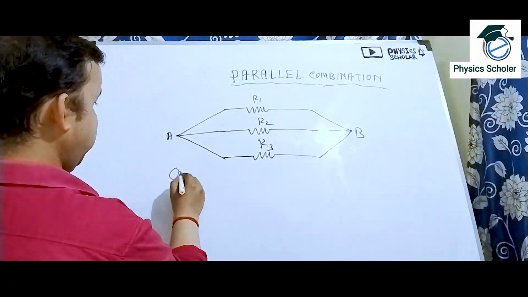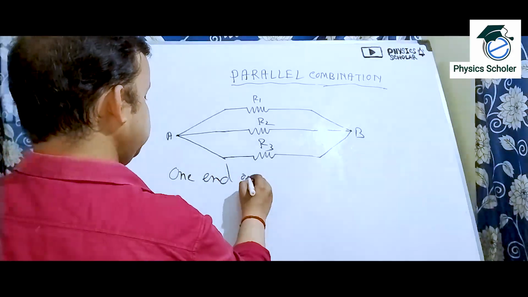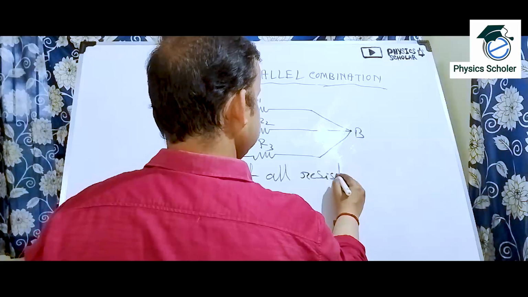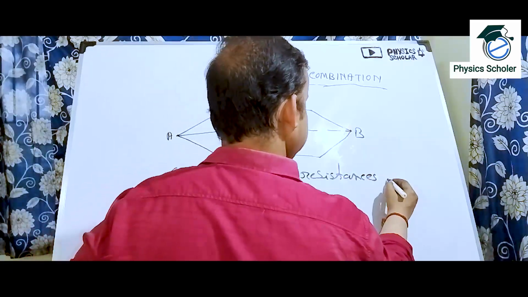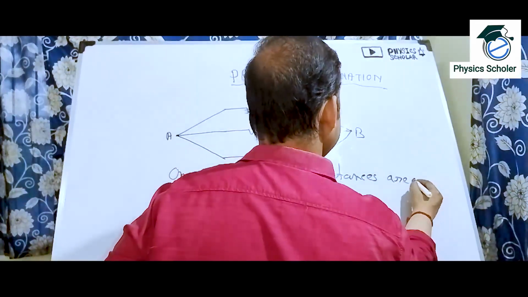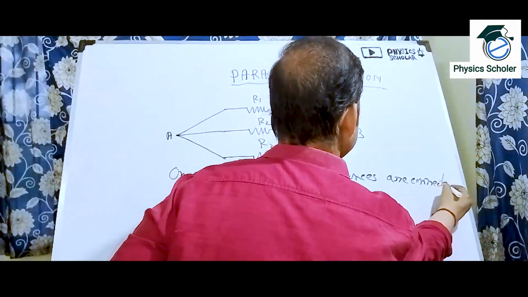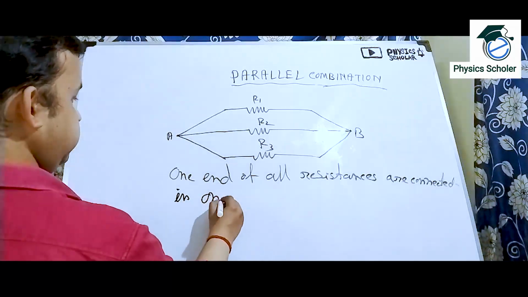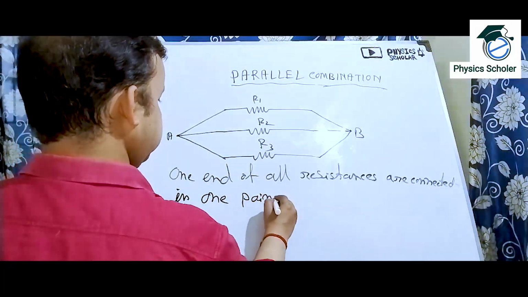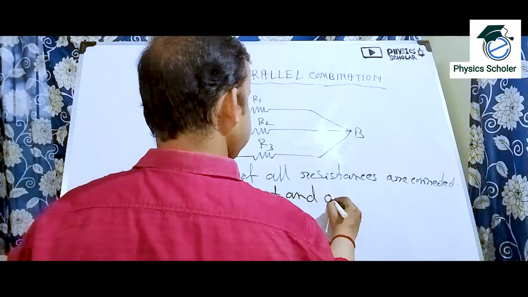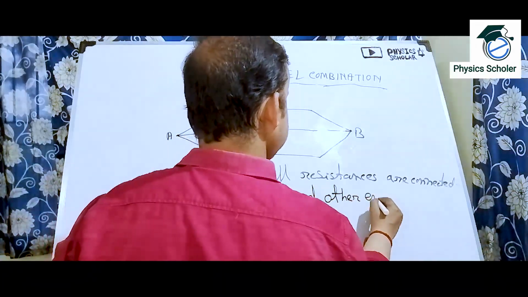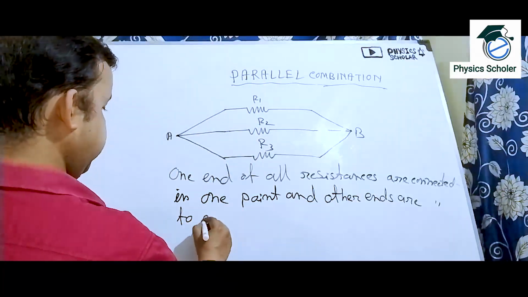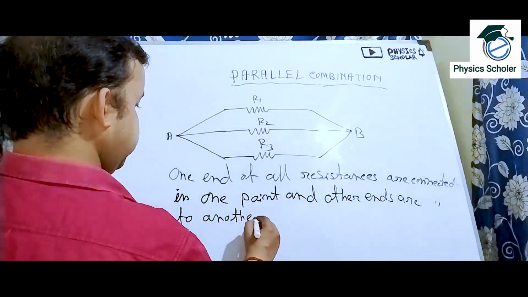That means one end of all the resistances is connected at one point, and the other ends are connected to another point.